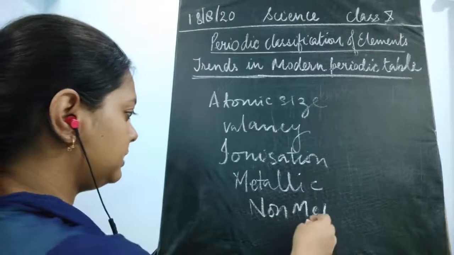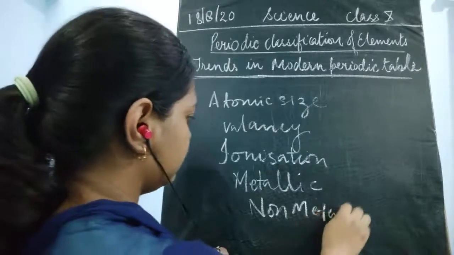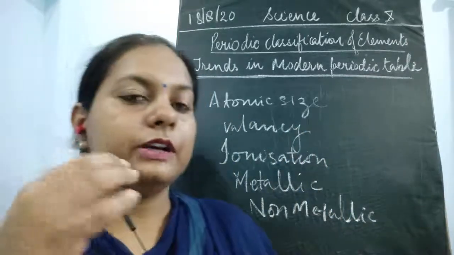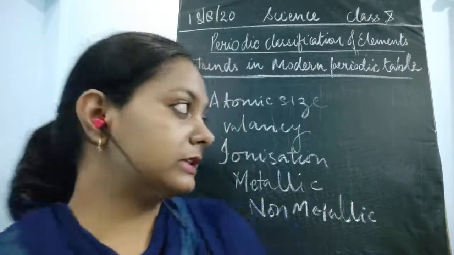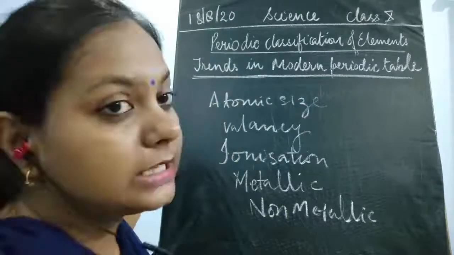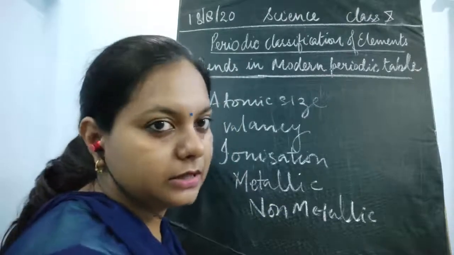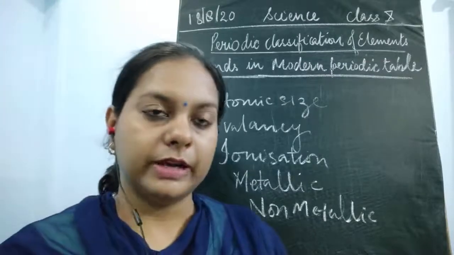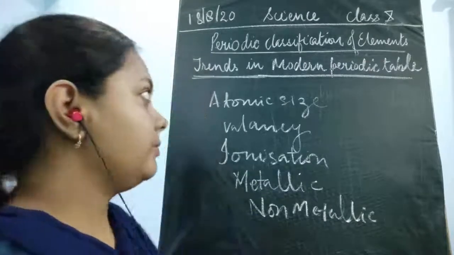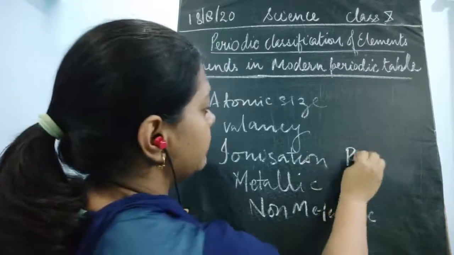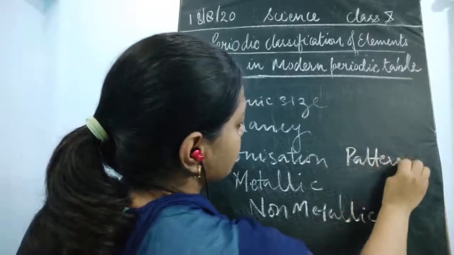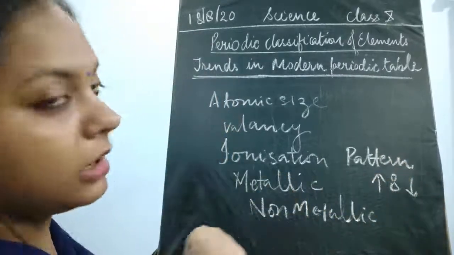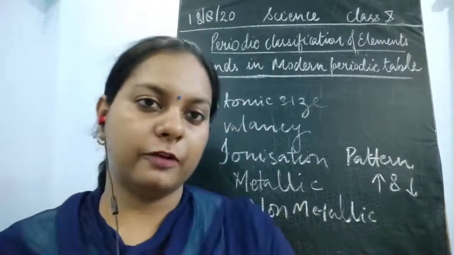These are only a few properties on which we can study the trends, but there are several other properties where we could study the pattern. So what do we mean by trends? Trends means pattern. There is a particular pattern in the increase and decrease of all these features of the periodic table.